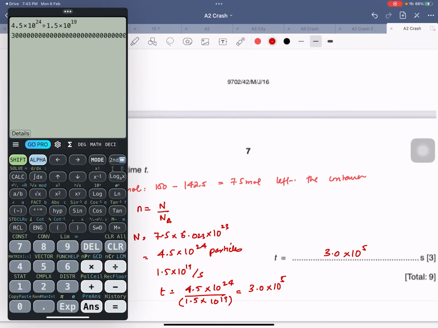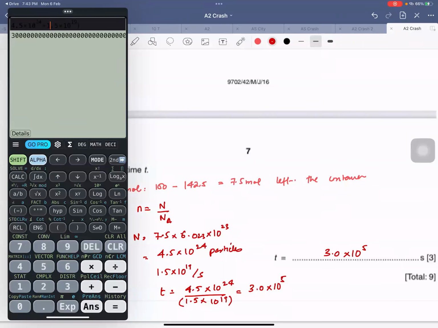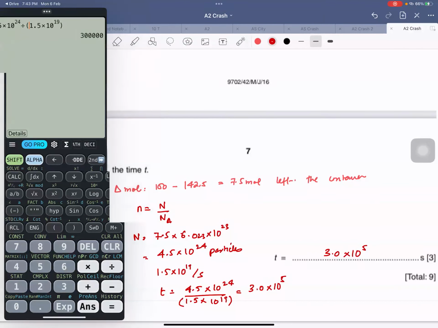Then you're going to get that answer. Writing the bracket is so important because otherwise your answer will be wrong. It's wrong according to BODMAS rules. Do you understand?